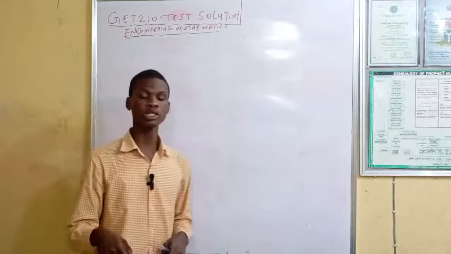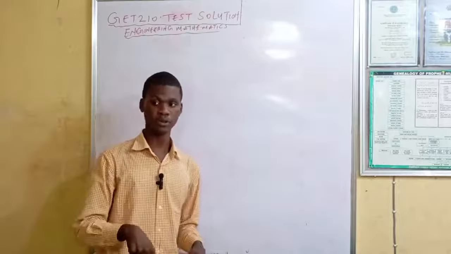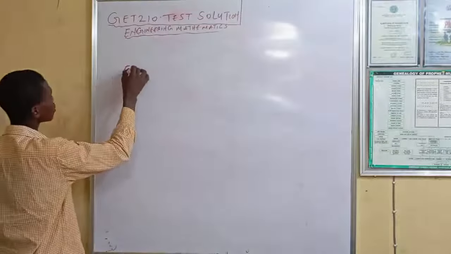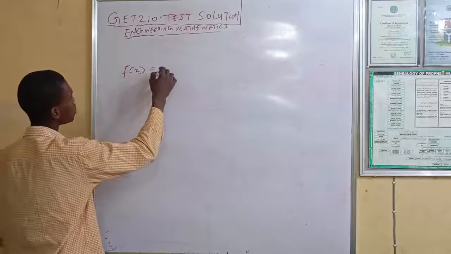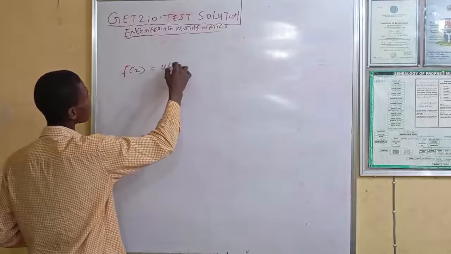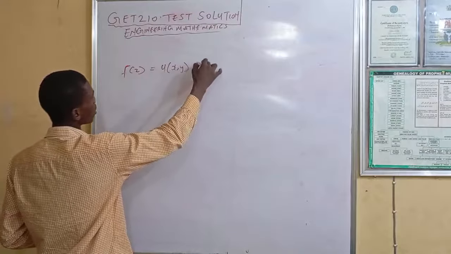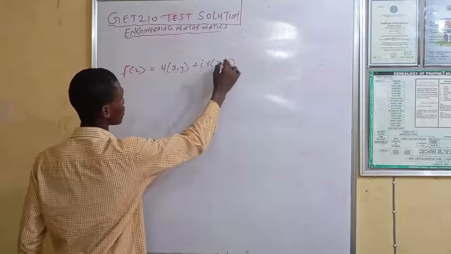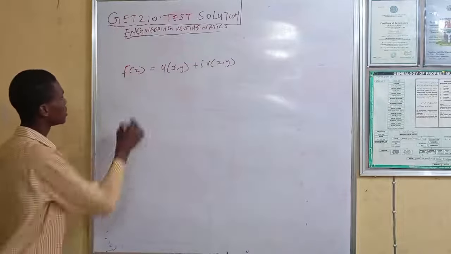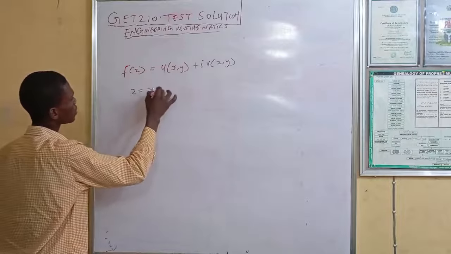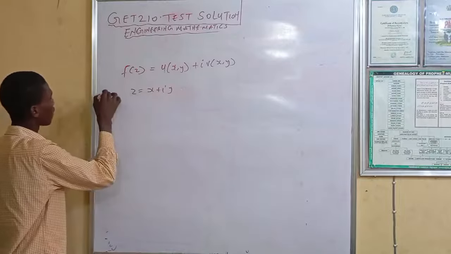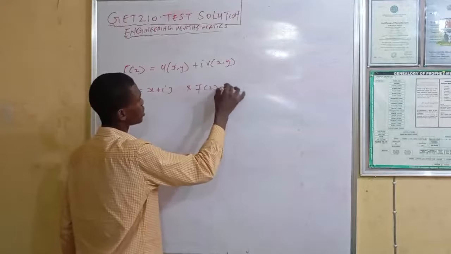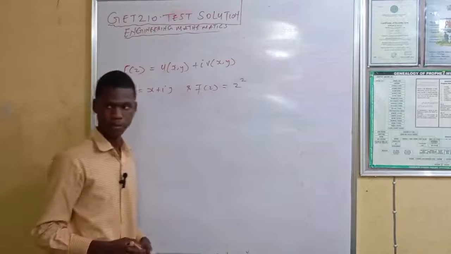What is the complex function? f(z) equals u(x,y) plus iv(x,y), where z equals x plus iy, and f(z) equals z squared.